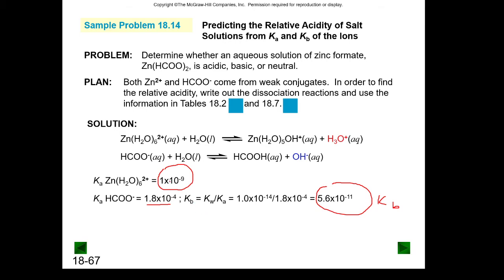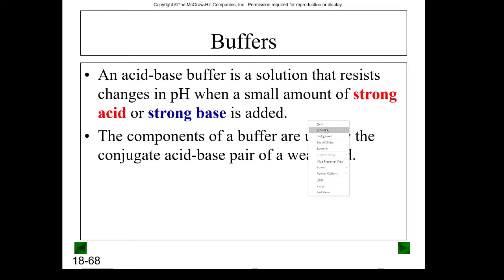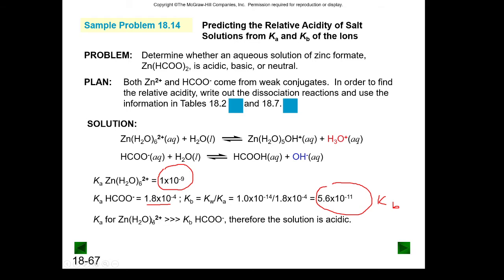Now, to tell whether I'd be acidic or basic, I compare the 1 times 10 to the minus 9th for the zinc and the 5.6 times 10 to the negative 11th for the HCOO minus. Since this number is bigger than this number, our solution would be an acidic solution.